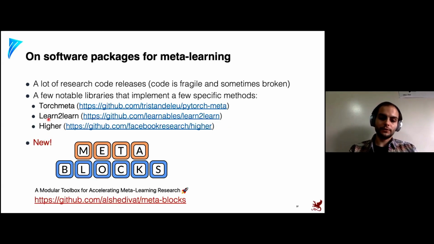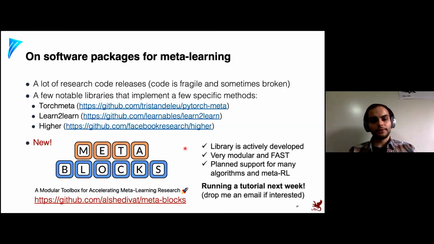This one is based on TensorFlow. And the focus of the library is actually to provide building blocks that are a bit higher level than Higher, right? And a bit lower level than these pre-built libraries for existing methods. So you can reuse these building blocks and quickly assemble the meta learning methods that you're interested in trying out.